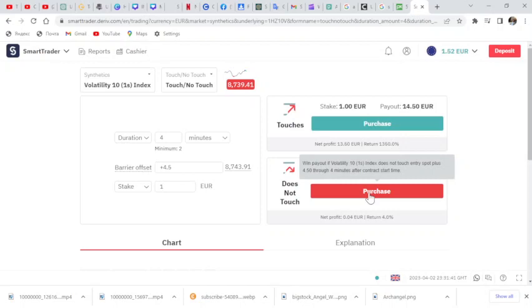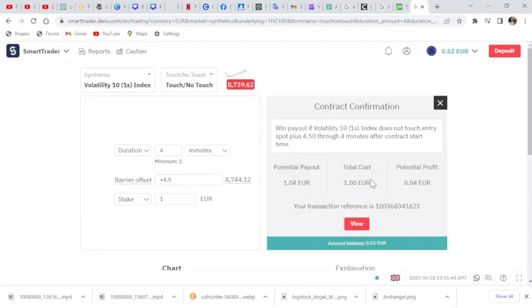Not 2, 1, blue, blue, blue, you enter. So you're only entering when you see it's changed 3 times here. If it does not change 3 times, you don't enter. The moment it changes 3 times, you enter.